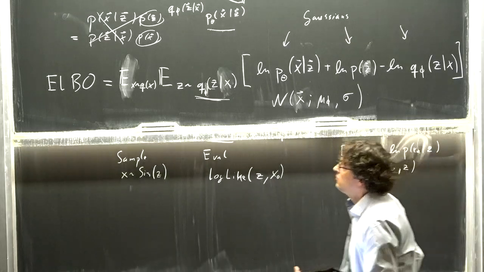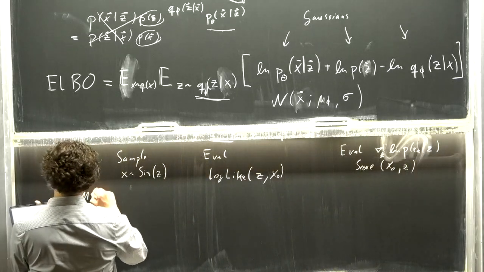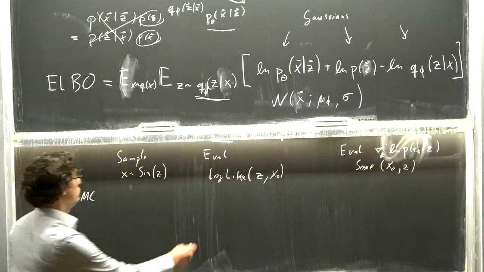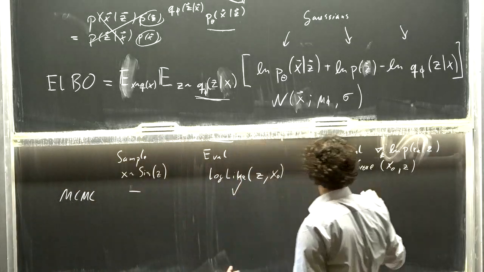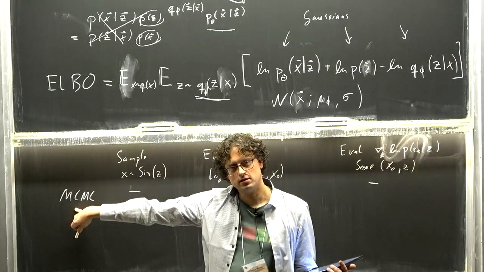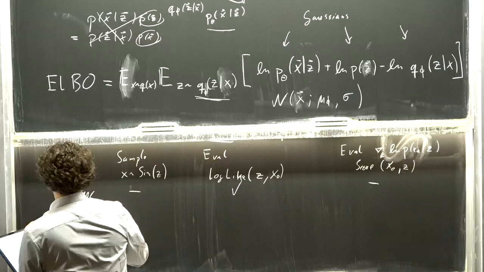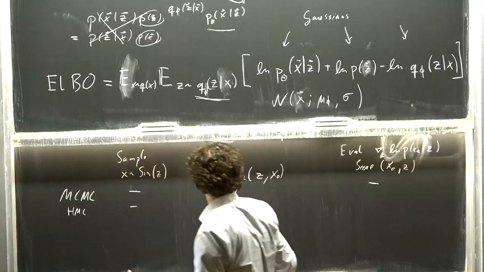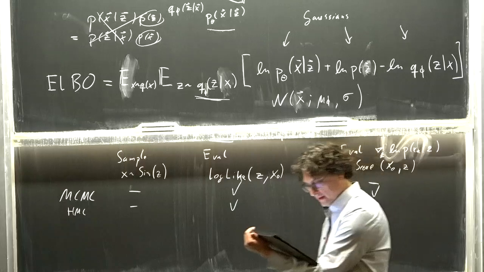Now, depending on what piece of code you have, you can run different algorithms. If you know how to do the log likelihood evaluation, you could run the Metropolis-Hastings algorithm, some MCMC algorithm. If you want to run Hamiltonian Monte Carlo, you would need evaluation of the log likelihood, but also of the score function.